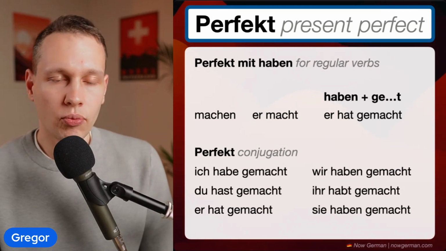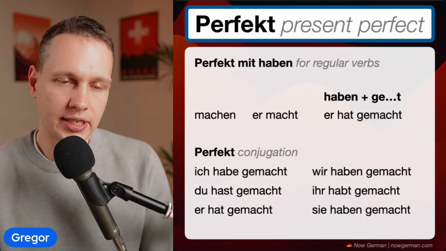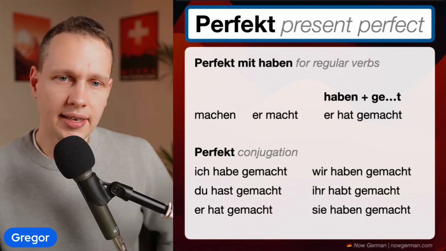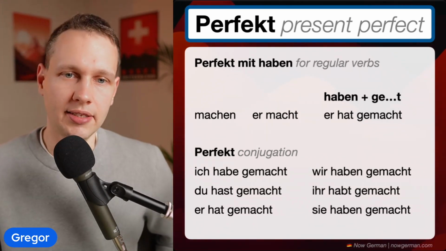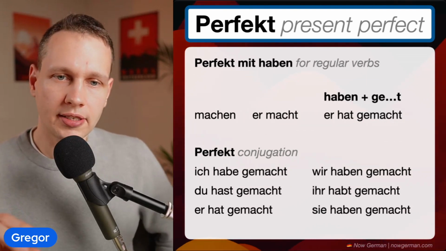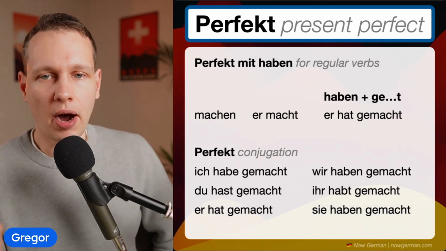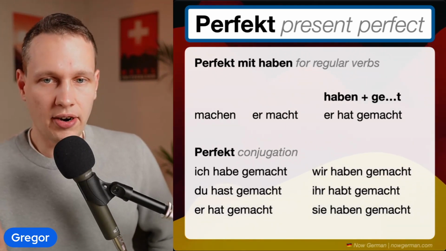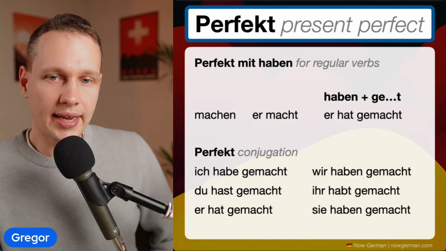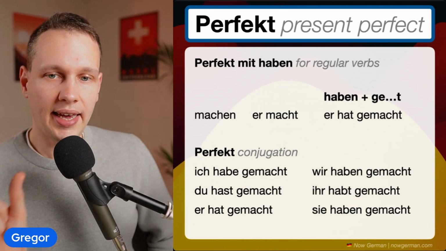And so the way we now get the perfect tense of machen is that we start by conjugating it in the present tense. So we start with ich mache, du machst, er macht, and there we stop. Now we have macht, the third person singular. And now we only need to add two letters in the beginning, which are ge.